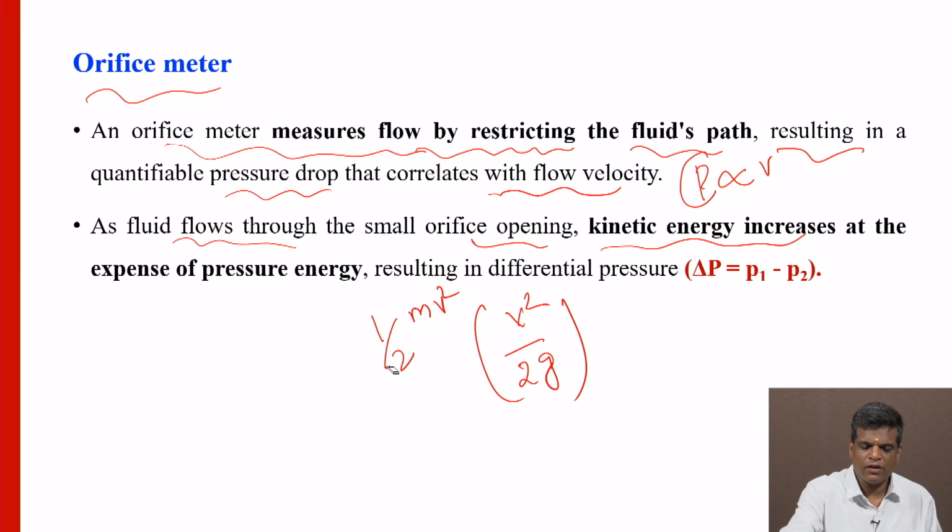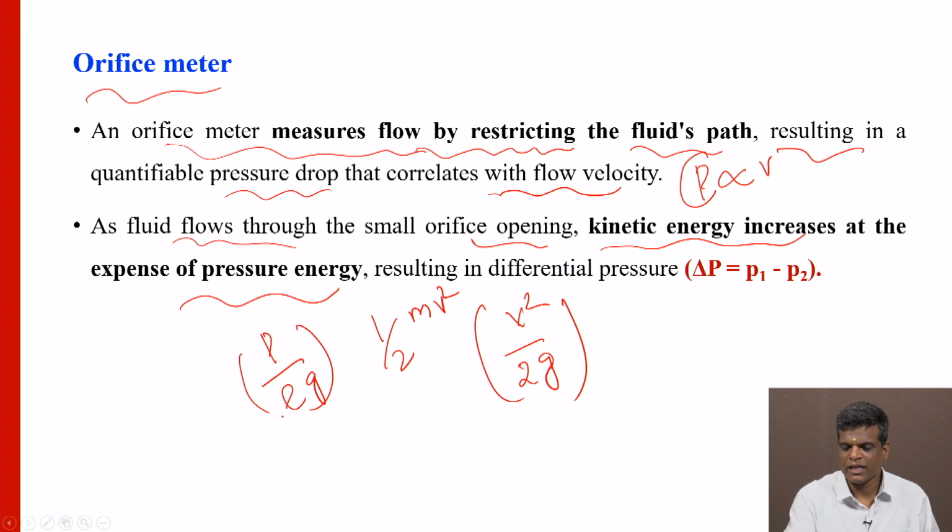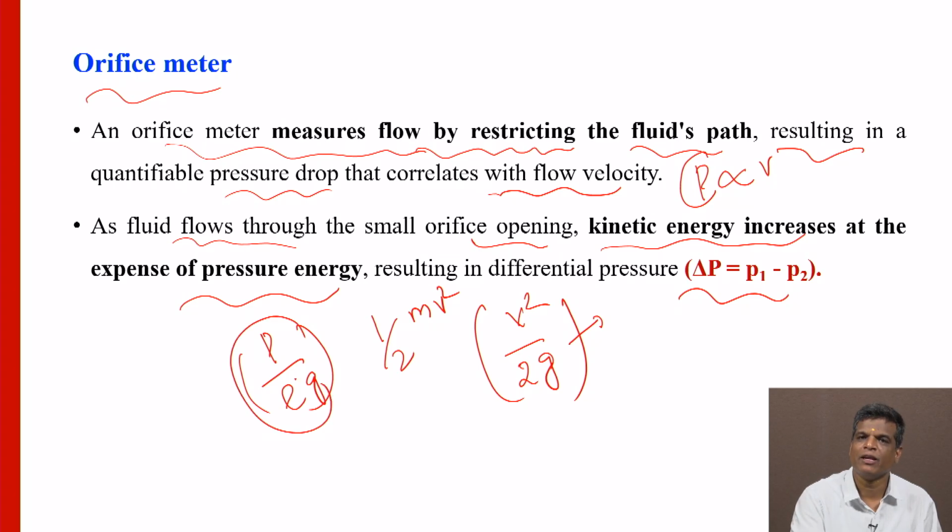So, kinetic energy increases at the expense of pressure energy, which is P by rho g, and finally the result is the differential pressure P1 minus P2.